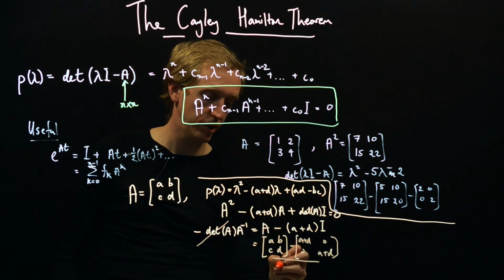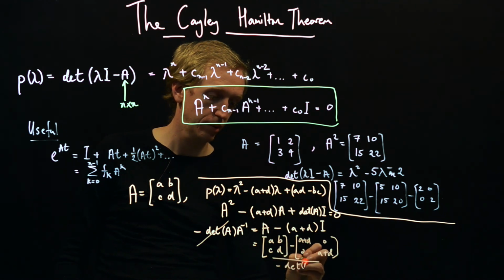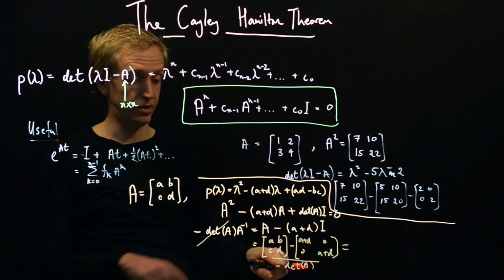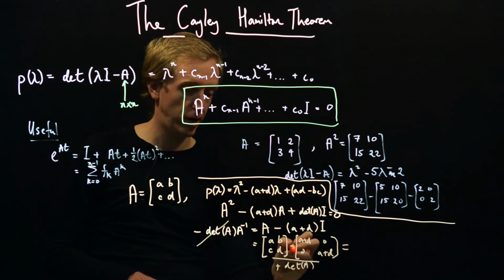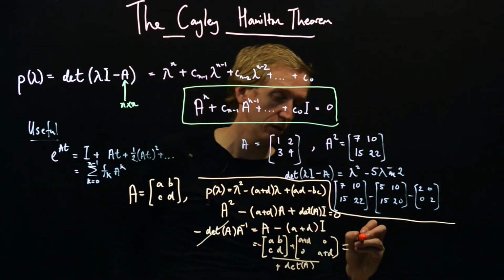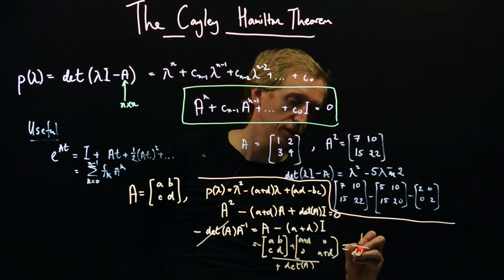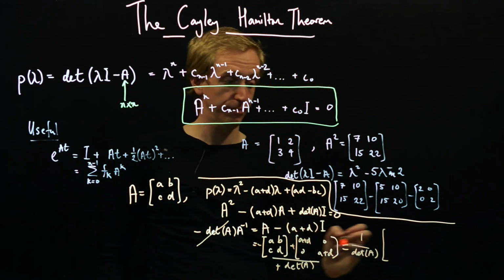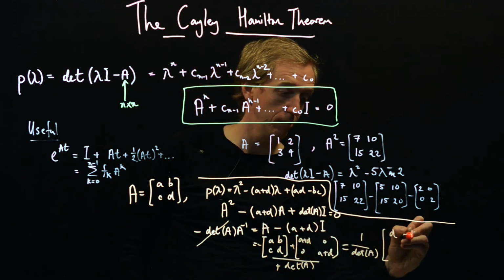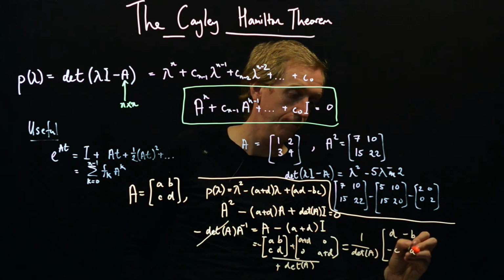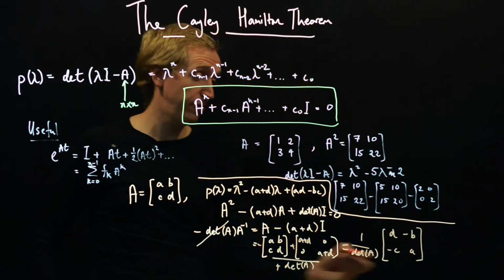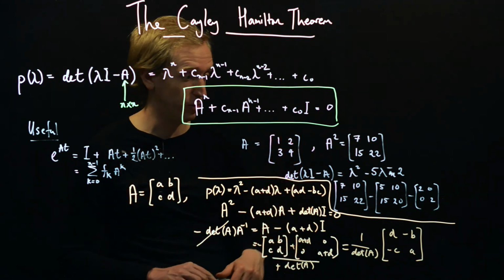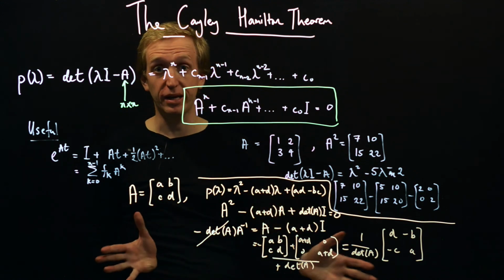So this is all over minus the determinant of A. And hopefully you can see, if we just correct our minus signs like this, we end up with 1 over the determinant of A, and then the matrix we're left with here is just d, minus b, minus c, a. And there we have the formula for the inverse of a 2x2 matrix that I hope you all recognize, but now derived by the Cayley-Hamilton theorem.